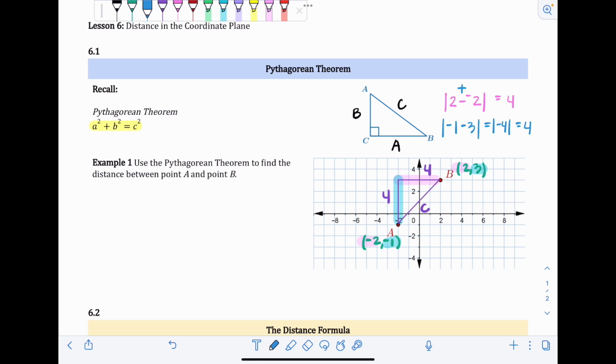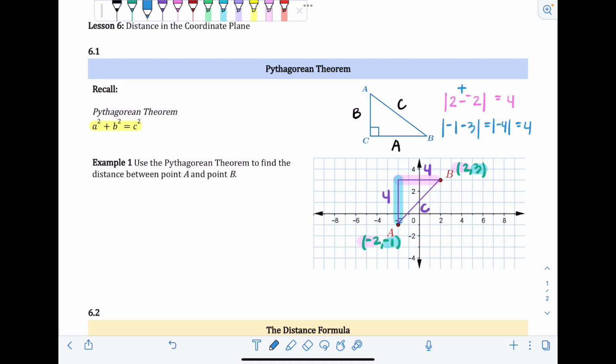So you end up getting the same distance as you count on the graph, but knowing to subtract the coordinates builds up to the distance formula, which is what we're going to use in 6.2.